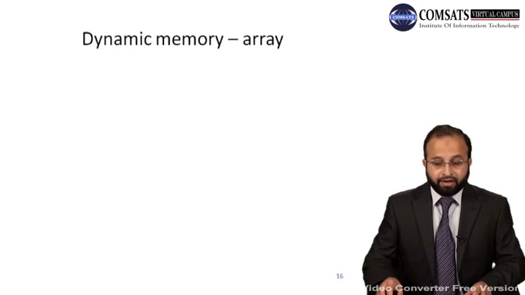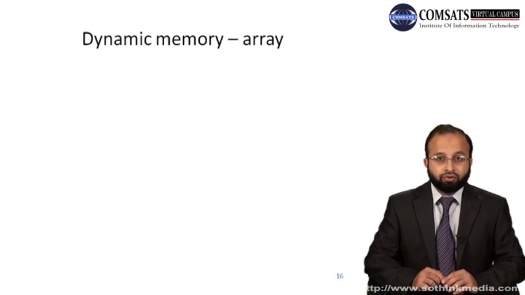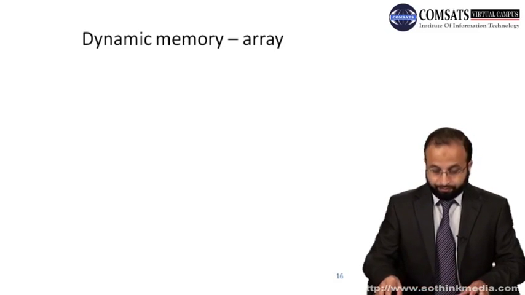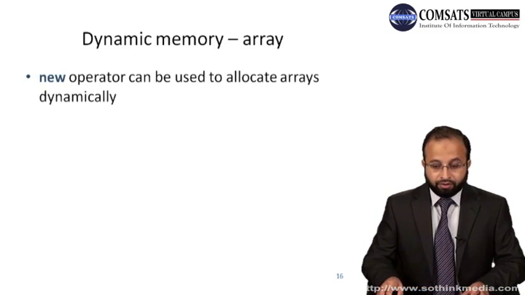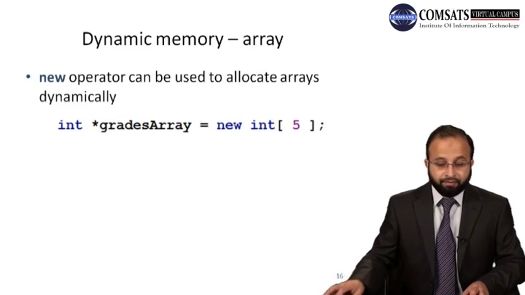Dynamic memory for a dynamic array. That means you are going to make an array whose size you don't know at compile time. So the new operator can be used to allocate arrays dynamically. This is how you can make an integer array of size 5.